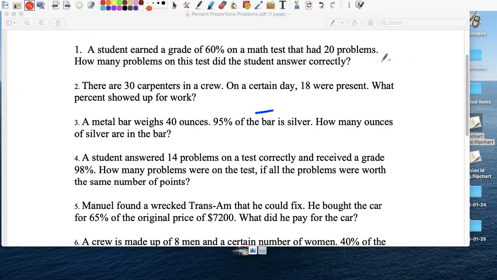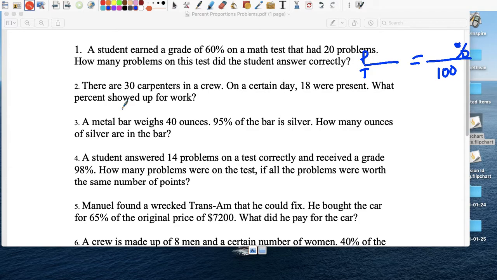Okay, next one. So I hope you're getting used to this. So again, 100%, part, total. So a metal bar, una barra, pesa 40 ounces. Okay, 40 ounces es una medida.